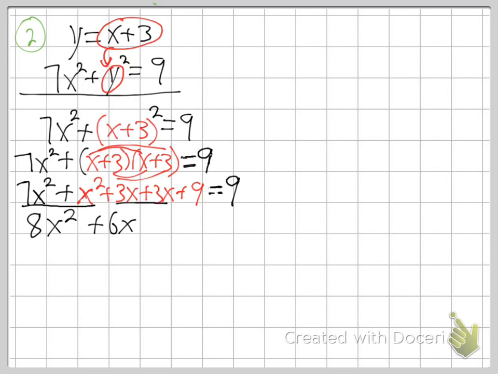So if you subtract 9, subtract 9, you're going to get equals 0. Like that.